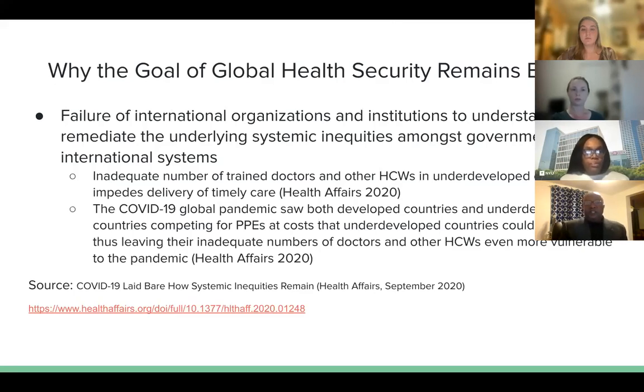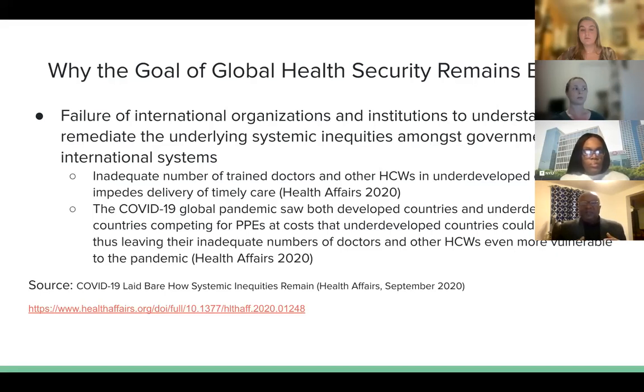One of the things also is that international organizations, the world community, has really not been able to understand the underlying systemic inequities among governments. For example, here in the United States, we have a myriad of health infrastructure, health institutions, from the CDC to the NIH.